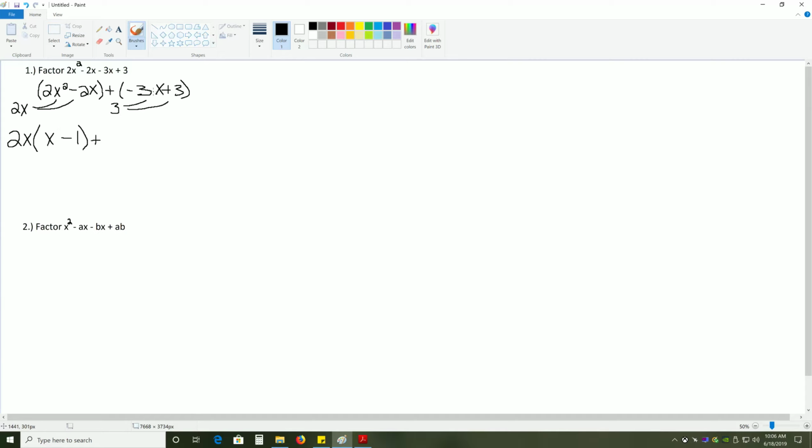In this case, if we just factor out a 3, the first term here will be negative and the second will be positive. But in this scenario, the first term is positive and the second is negative. So we need to swap these signs in the second one.